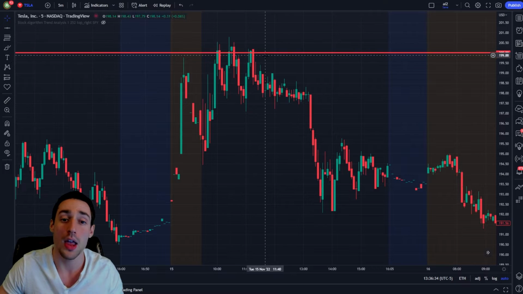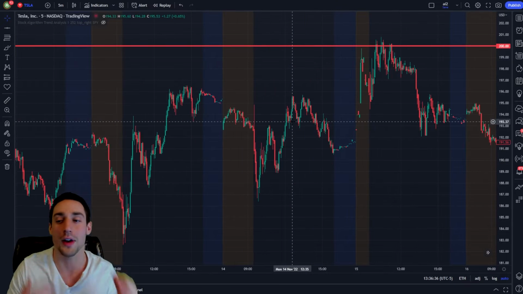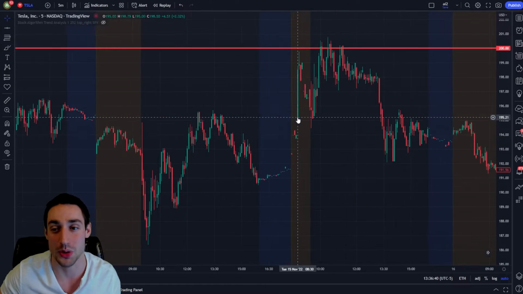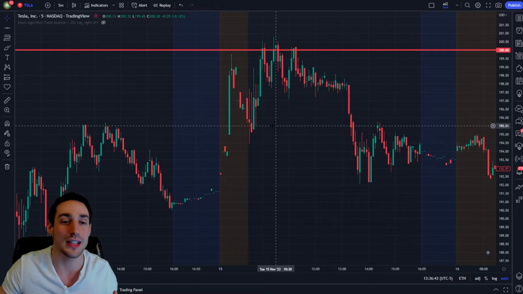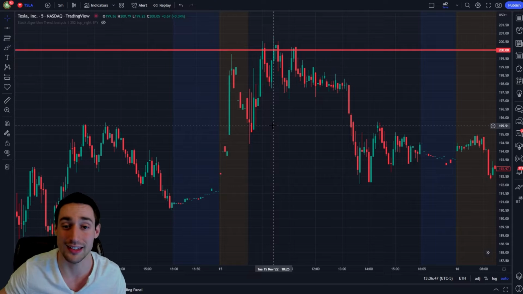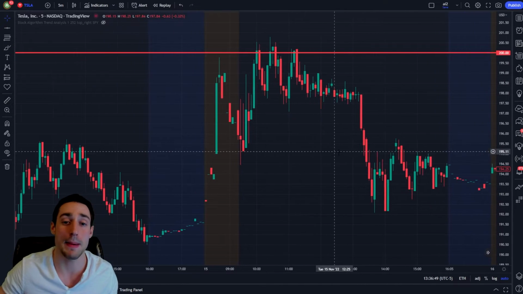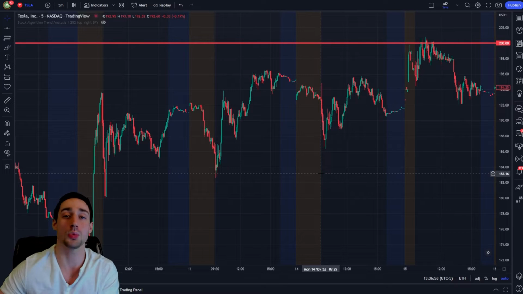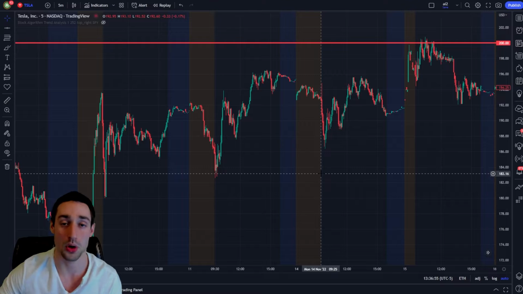With a stock as crazy as Tesla, we all know how volatile and how big the moves are with this one, so you have to give it maybe 50 cents, maybe $1 of wiggle room, depending on how crazy the stock is at the time. A lot of people will say, all right, Mike, you say you have to give the stock wiggle room, but how much wiggle room for these support and resistance levels?